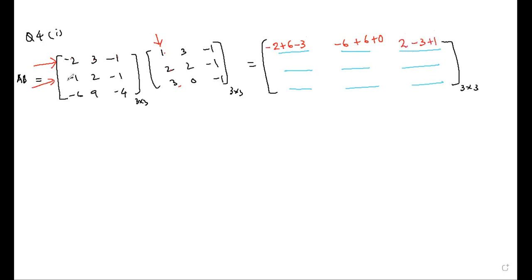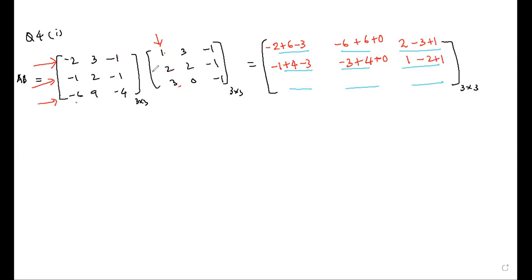Then go to the second row with each of the columns. So minus 1 plus 4 minus 3. Same row with the next column. Then same row with the next column: 1 minus 2 plus 1.